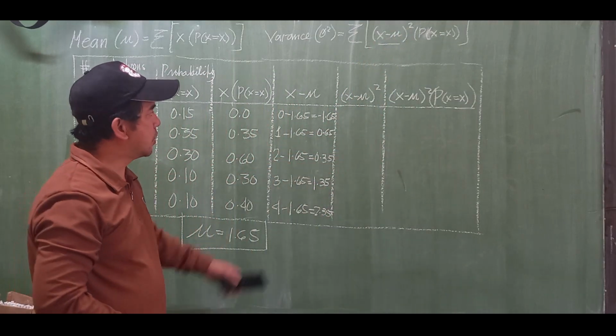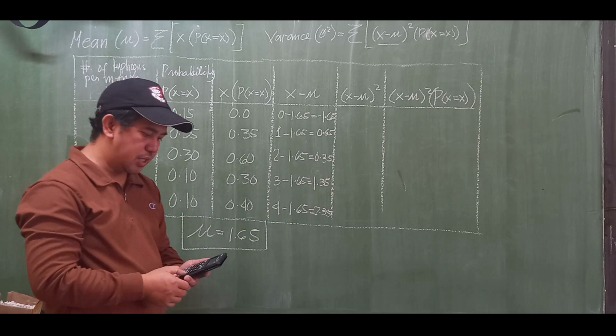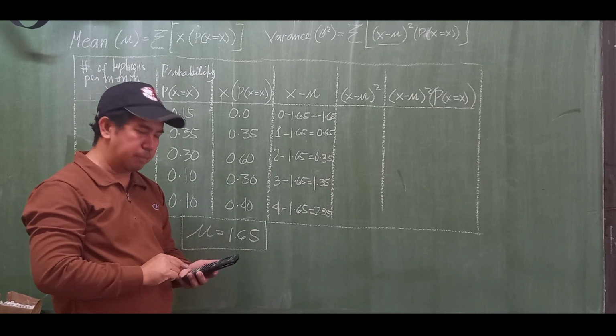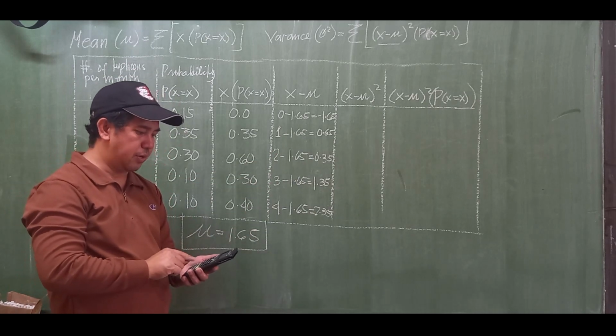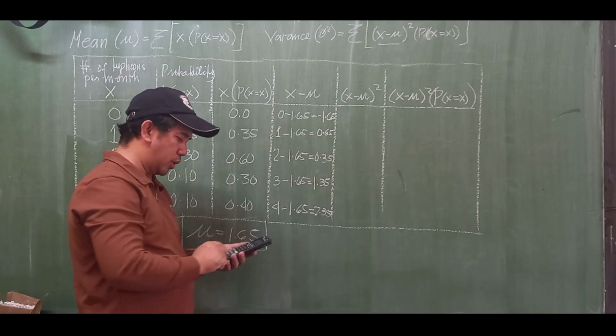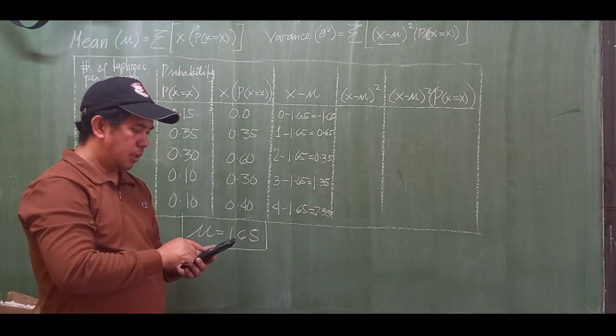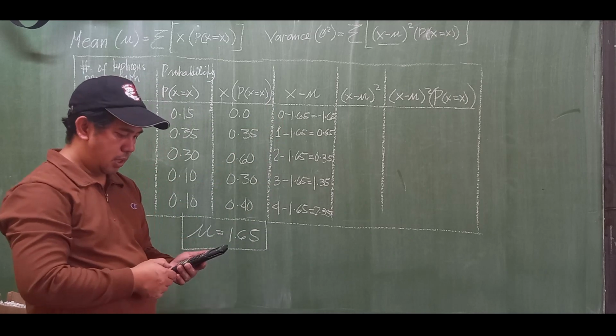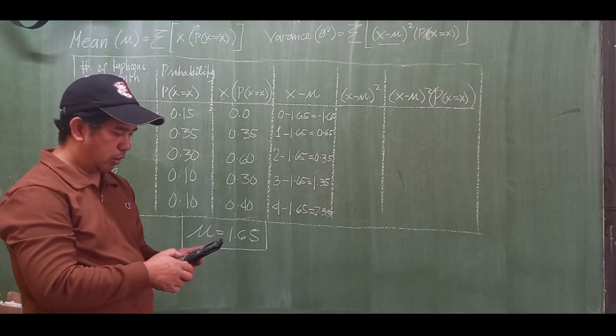So what is the result? Negative 1.65, raised to the second power.